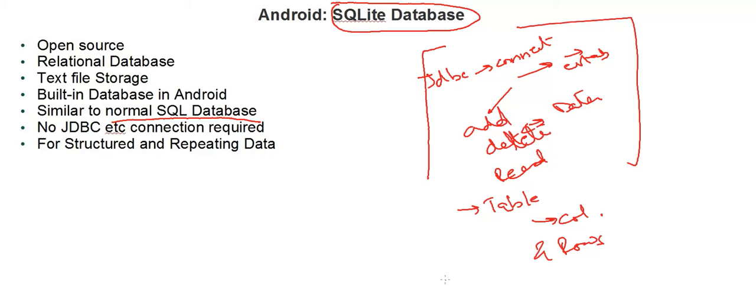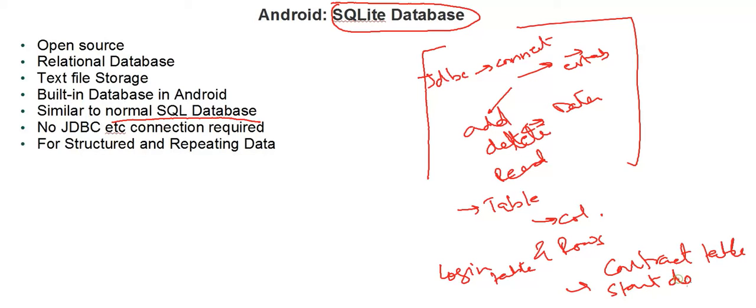For example, if we have a login table in which you have the login info, for example, your username, ID, and password, then you have, for example, a contract table to have your contract information, like its start date, end date of the contract, whose name is the contract, your address, and all these things. So your company information, a company table, for example, and employee information, and all those things.